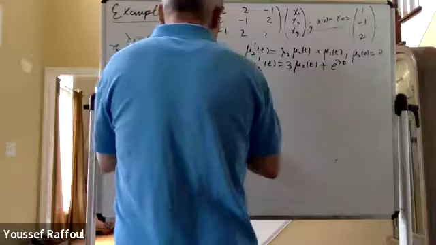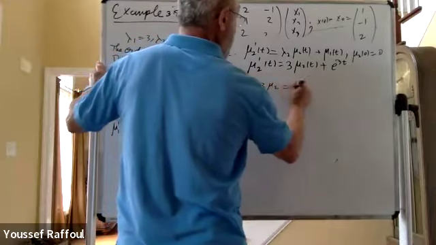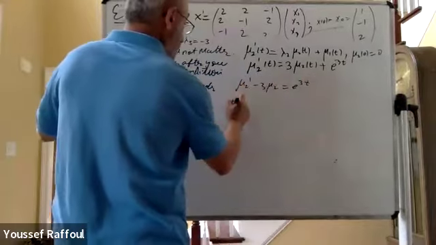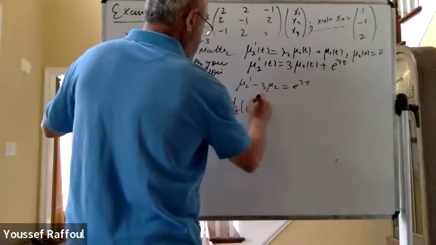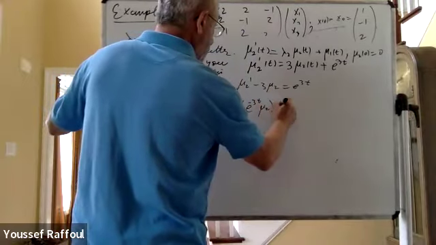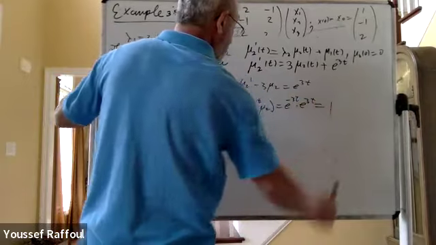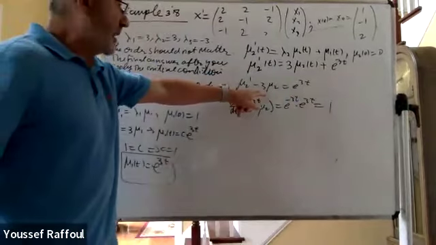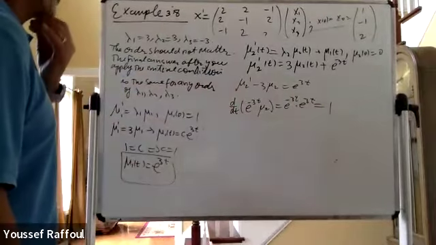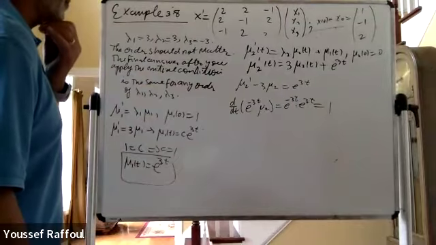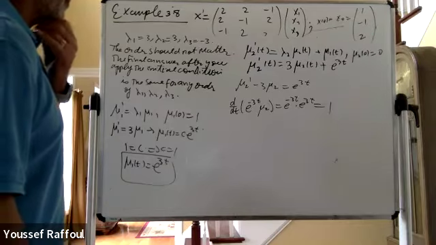To solve this, it's going to be mu2 prime minus 3 mu2 equal e to the 3t. So this is the same as d/dt of e to the minus 3t mu2 equal e to the minus 3t times e to the 3t, that is 1. This is the integrating factor for this equation. Okay? All right.